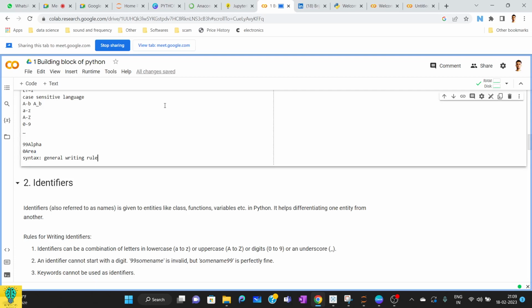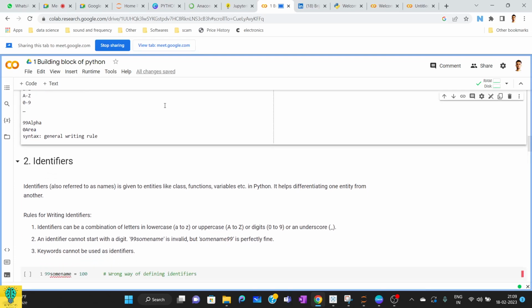Similarly, there are rules in writing this particular language, and that general writing rule is called syntax. Syntax means how you are going to write any code. There is a specific rule that you have to write this, then after that you can write this, or you cannot write like this. These rules are clubbed into one name called syntax. So syntax is basically the general writing rule.